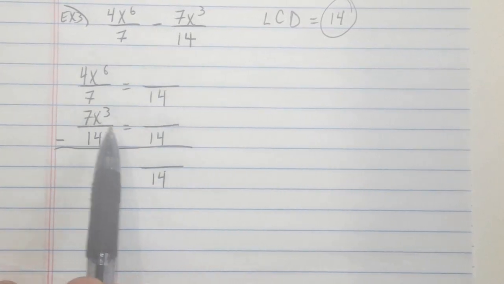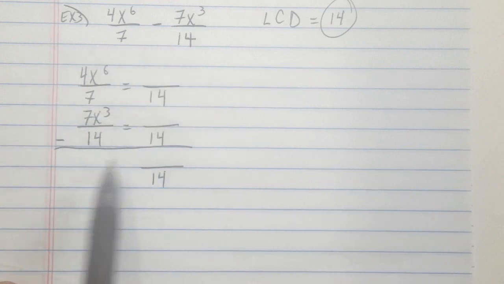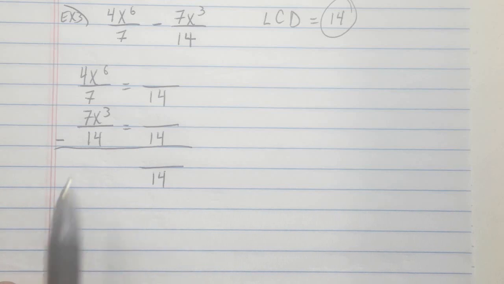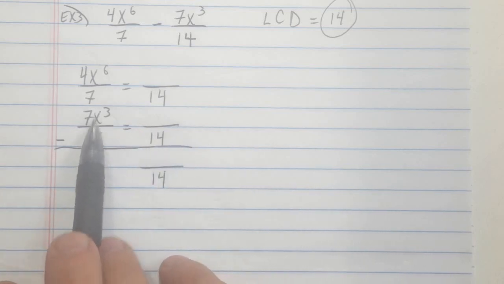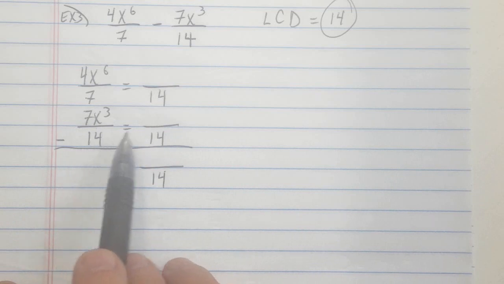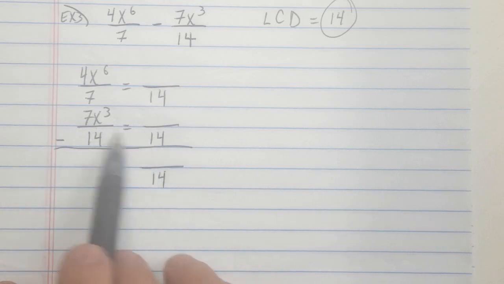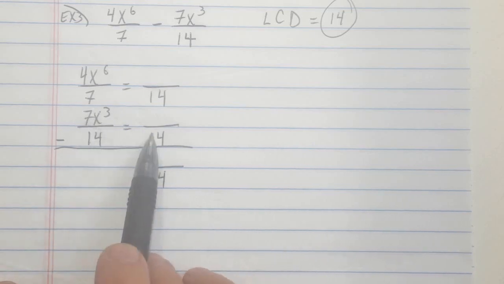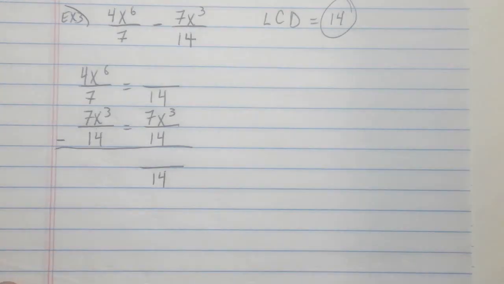So when you do your answer, don't assume all of them are addition. You have to check. We just have to make sure we enter this as a subtraction problem. All right, starting with this fraction here, we want the denominator to be 14. Well, it's already 14, so I'm not going to change this fraction. I'm just going to leave it as 7x to the third.